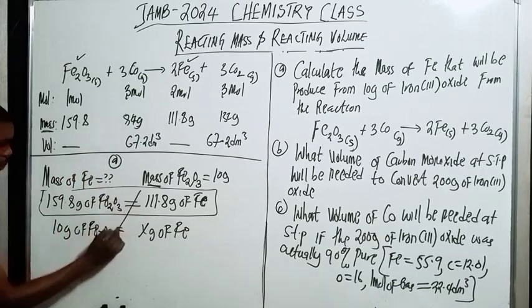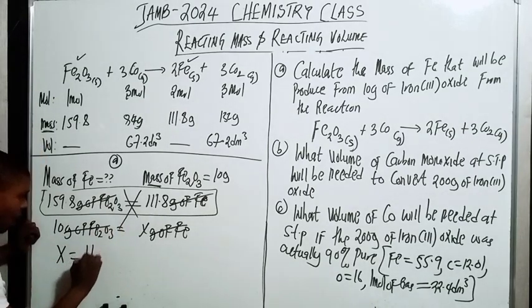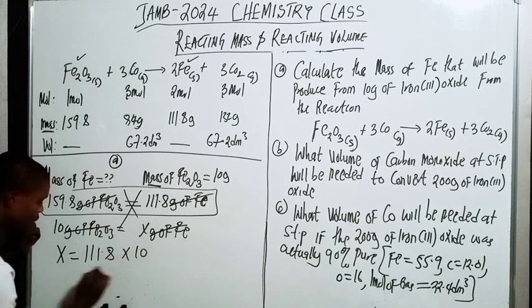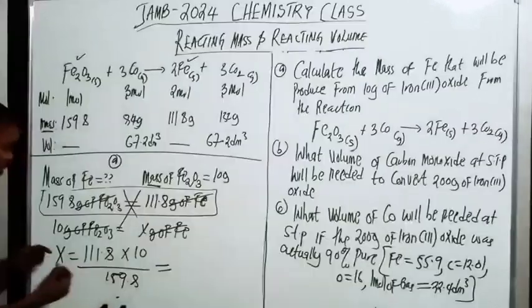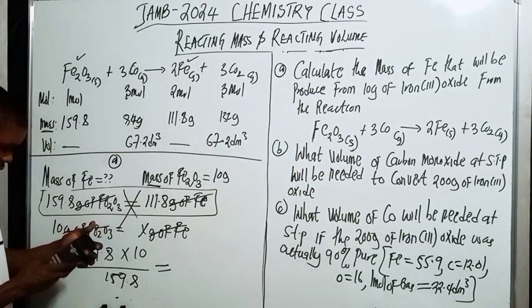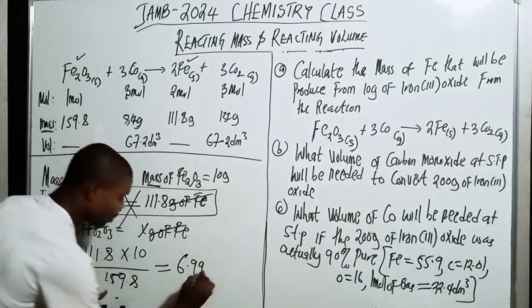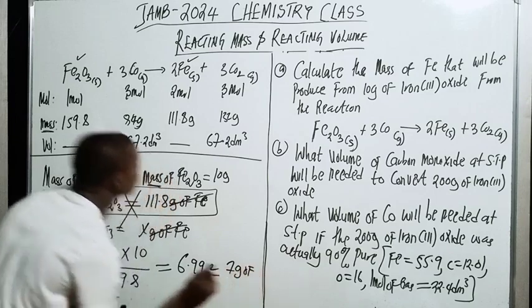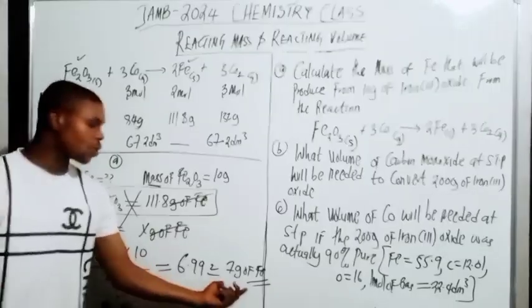For your normal cross multiply, S equals 111.8 times 10 over 159.8. So you multiply and get your answer: 111.8 times 10 divided by 159.8 gives 6.99, which is approximately 7 gram of iron, because I look for iron. Can you see that?